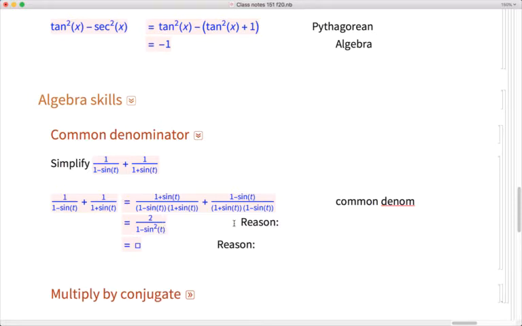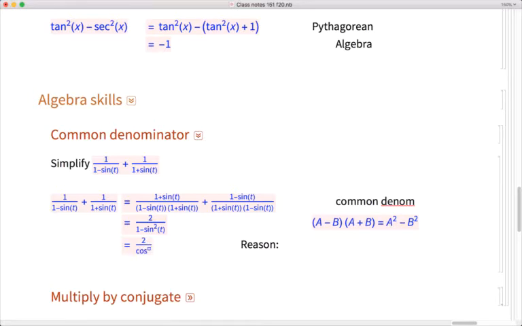And I'm going to list out my reason here with this special product reminder. This is a minus b times a plus b is equal to a squared minus b squared. Okay, and then downstairs we get another simplification, 1 minus sine squared, that is cosine squared t. And this is the Pythagorean, or one of the Pythagorean, I should say.